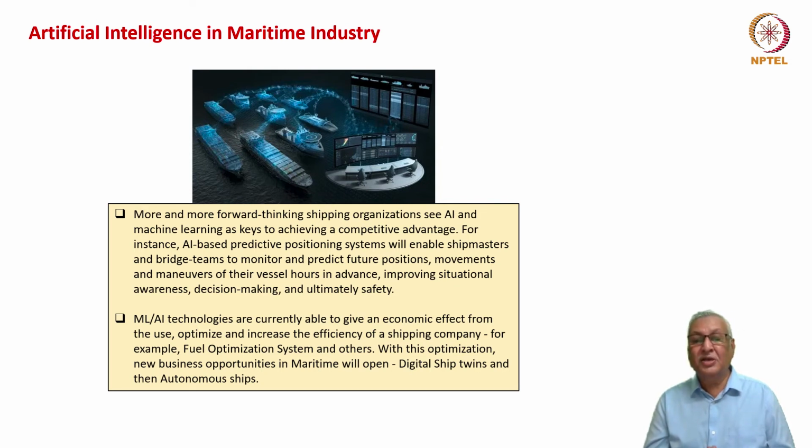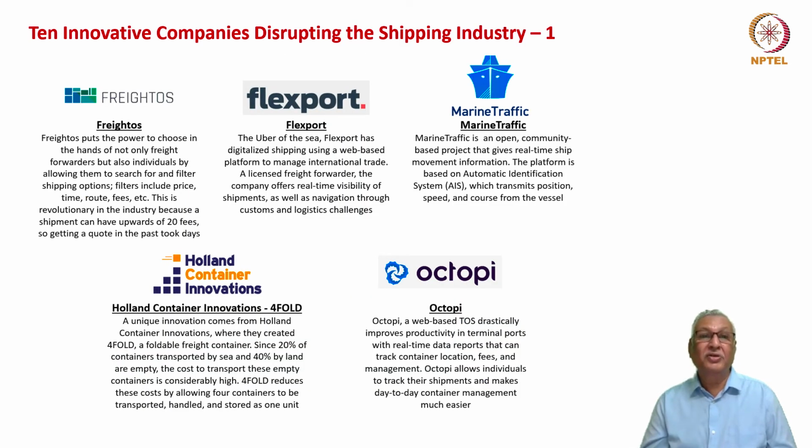ML/AI technologies are currently able to give an economic effect, optimizing and increasing the efficiency of a shipping company. Fuel optimization systems and others are prime examples. Digital ship twins are possible. Autonomous ships are possible.